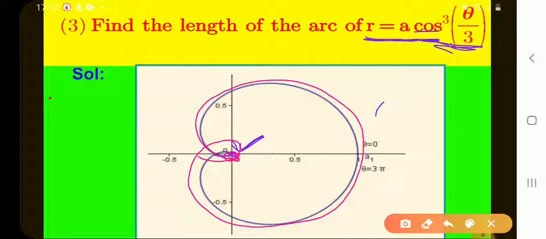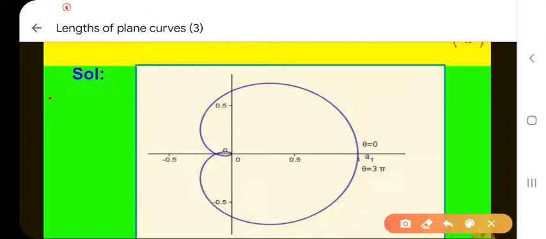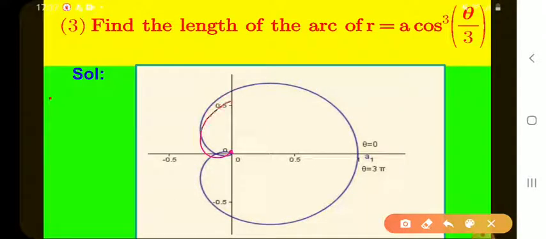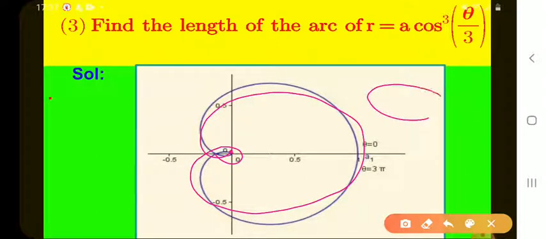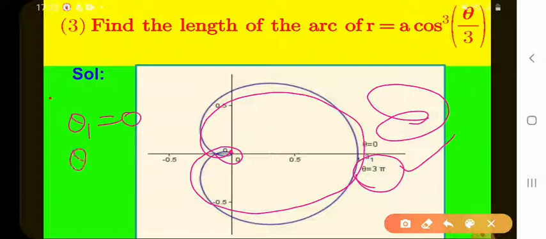Okay, the total angle of this curve is, see, like this. That means this, the total angle is 3 pi. The starting angle is 0 and the total angle of this arc is 3 pi. So our limits are theta 1 equals 0 and theta 2 equals 3 pi.